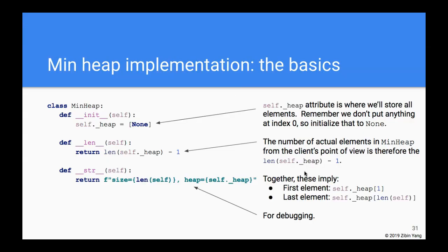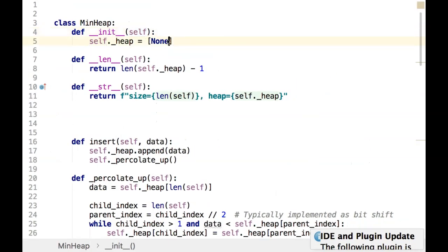Now let's look at the actual code of min heap. We'll start with the very basics, not even insertion itself: the initializer, the string, and also the size of the heap. For the initializer, it's very simple.